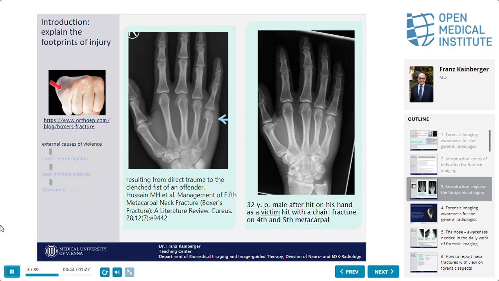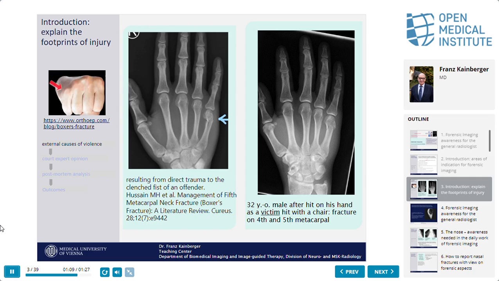However, what I show you here is a patient referred from a forensic medicine specialist, and he was a victim, but he had more or less the same fracture. His hand was hit with a chair. He also had earlier post-traumatic abnormalities, and here another fracture at the base of the fifth metacarpal.